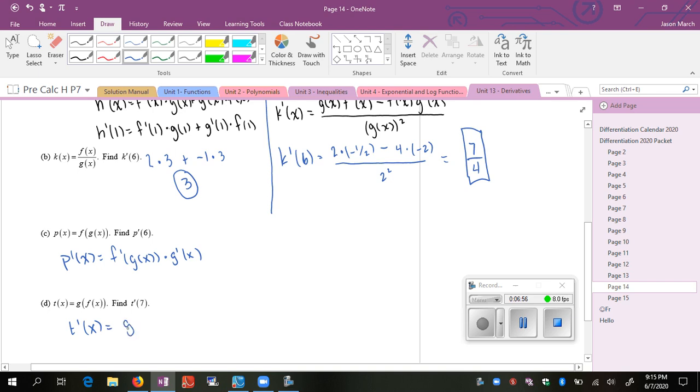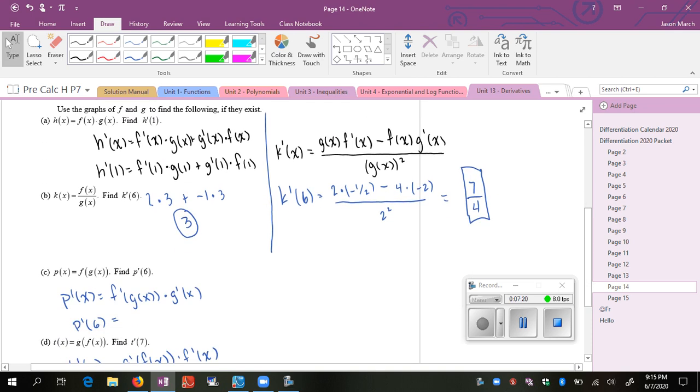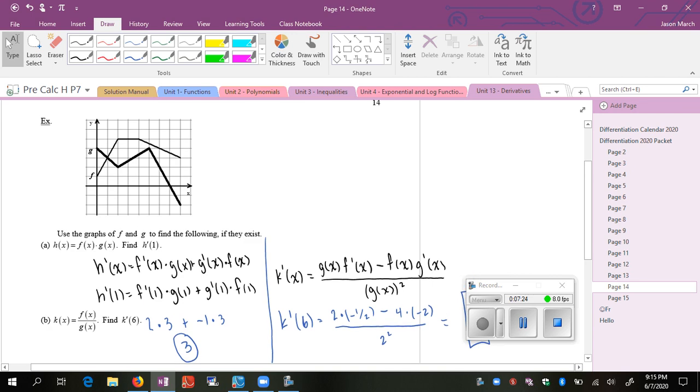So we have G prime of F of X times F prime of X. In the first one, we're doing P prime of 6 and T prime of 7. So we're doing the derivatives of some of these, we're plugging in slopes. So F prime of G of 6, I'm replacing the 6 there. G again is the thicker curve.